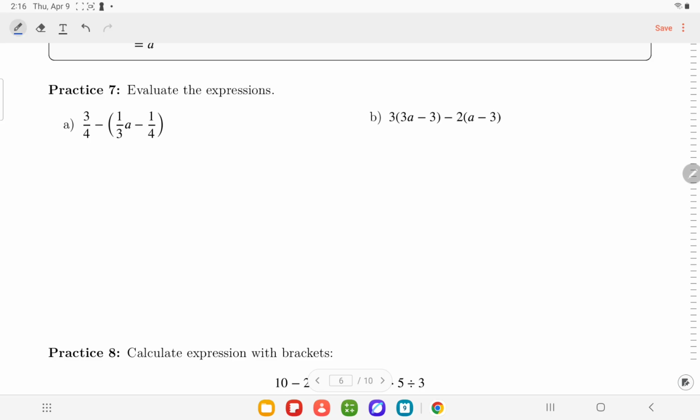Here we have to do the distributive property twice because we have 3 times this bracket, and here we have negative 2 times this bracket.